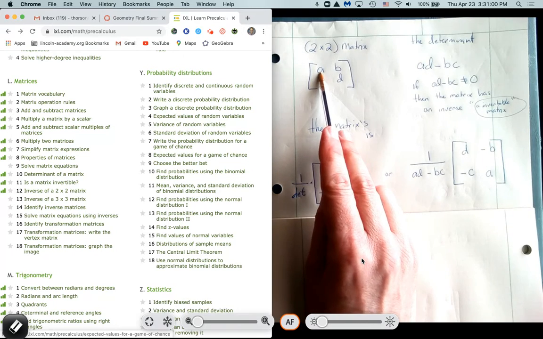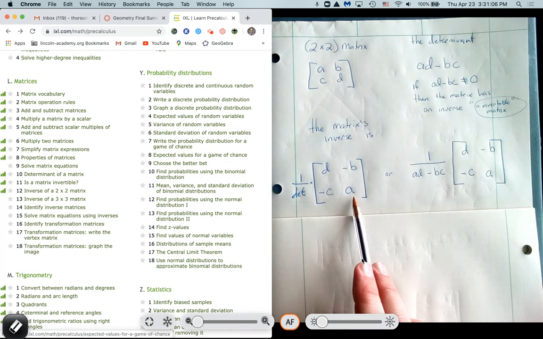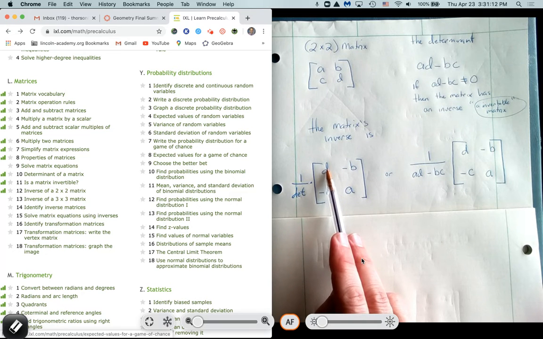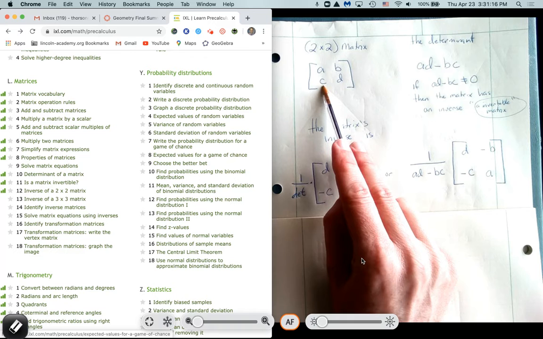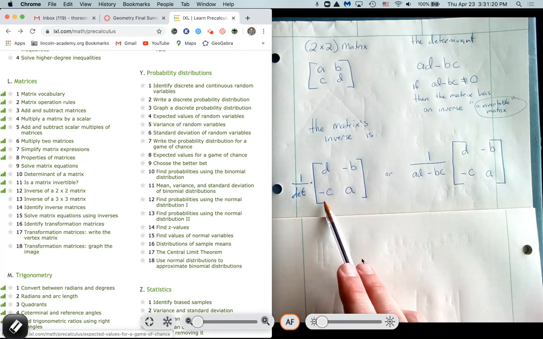The two we move are the A and the D. We swap their positions. So I move A down to the bottom right, and I move the D that was in the bottom right back up to where the A was in the top left. The B and the C, I leave them where they're at, but I change their sign.